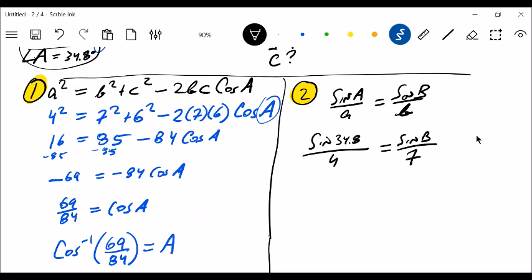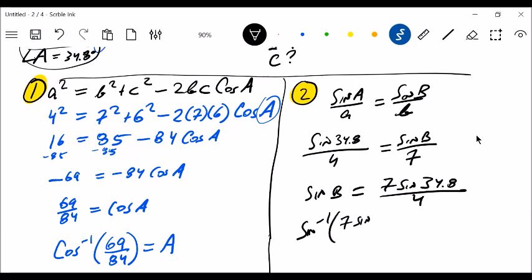So if we multiply by 7 on both sides, I now get 7 times the sine of 34.8 over 4. And I put that in the calculator, and all of that, I do sine minus 1 of that whole thing, 7 sine 34.8 over 4, and that gives me approximately 87.1 degrees.